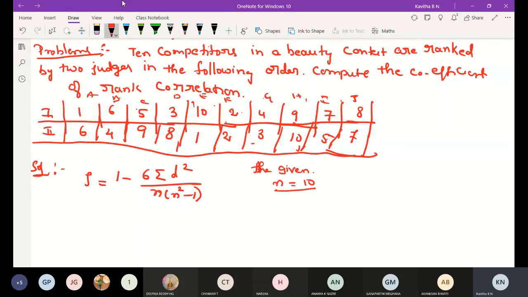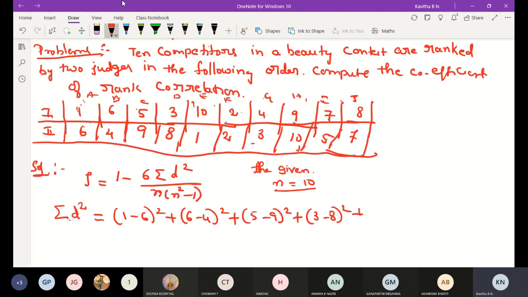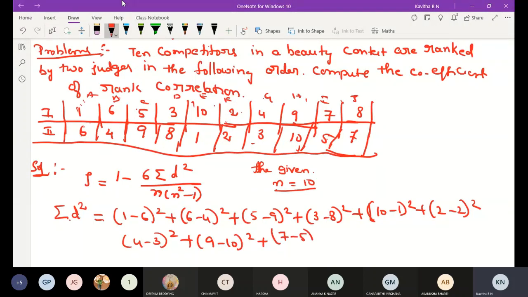The next step is to find the summation of d square, which is the difference between these two ranks: (1 minus 6) square plus (6 minus 4) square plus (5 minus 9) square plus (3 minus 8) square plus (10 minus 1) square plus (2 minus 2) square plus (4 minus 3) square plus (9 minus 10) square plus (7 minus 5) square plus (8 minus 7) square.